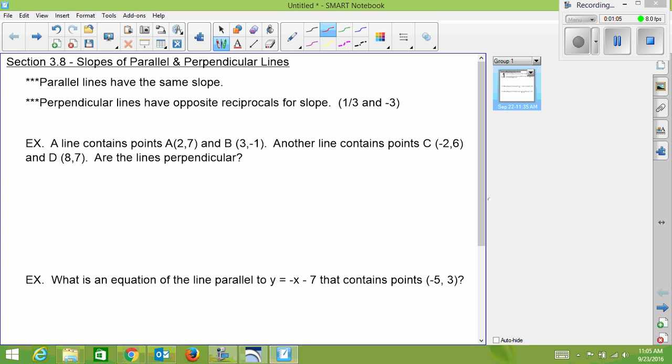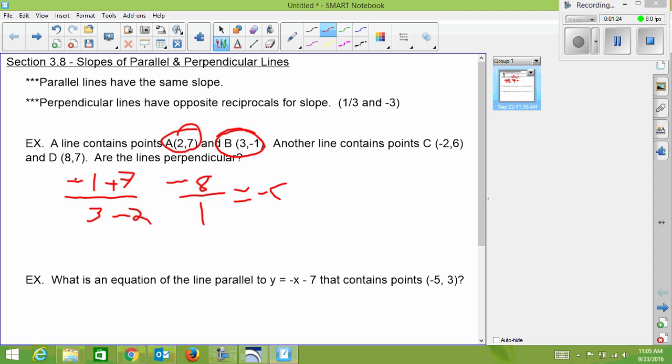I am going to take my y's minus each other, so -1 minus 7, and put that over the top of 3 minus 2. I'm doing these two first, and so minus 7 is plus a negative, it'd be a -8 over 3 minus 2 is 1, so the slope of that one is -8.